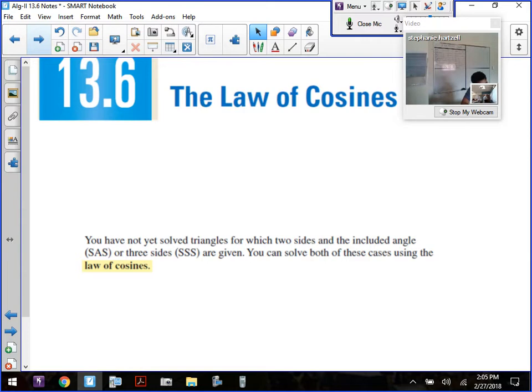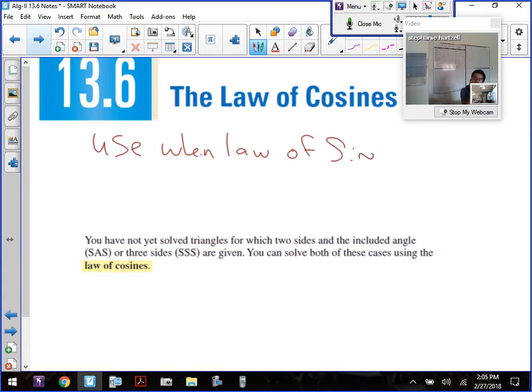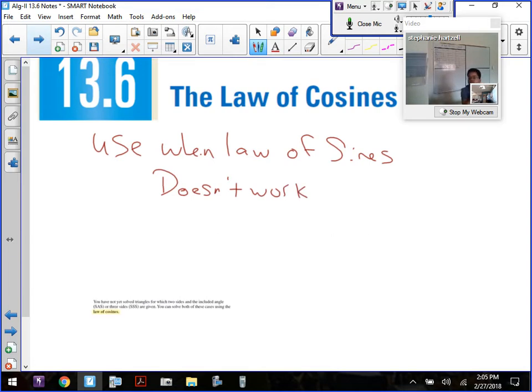Like I said, law of cosines, we use this when law of sines doesn't work. When you have the law of sines, you have to have an angle and a side opposite. Cosines, but you don't.